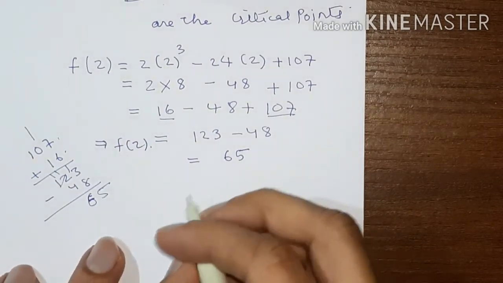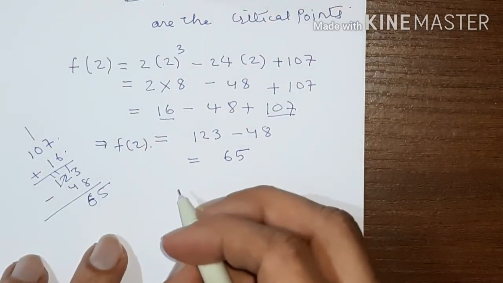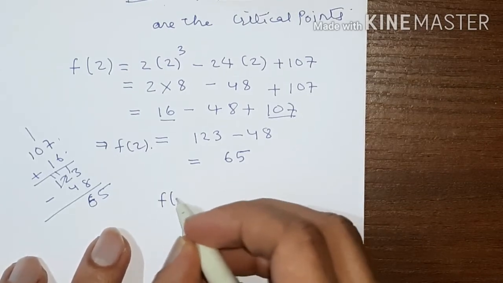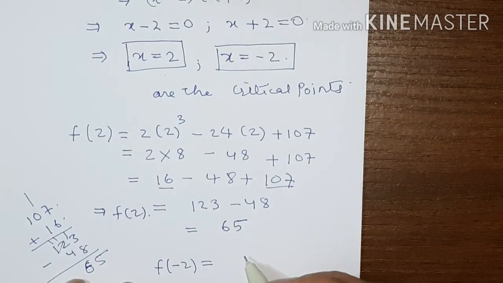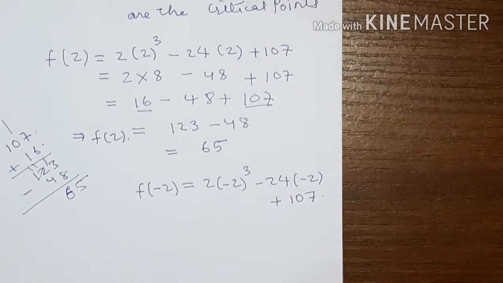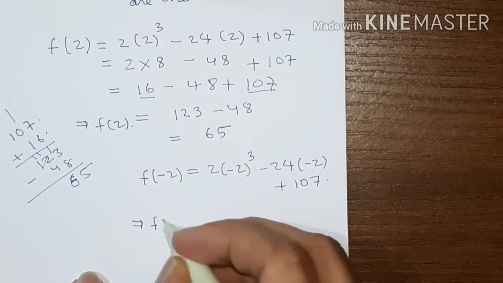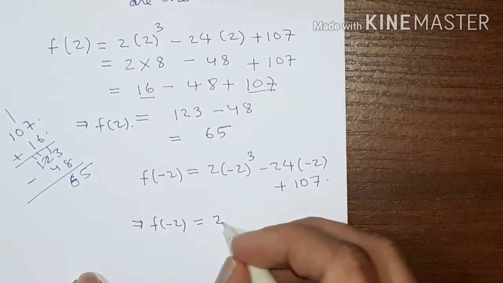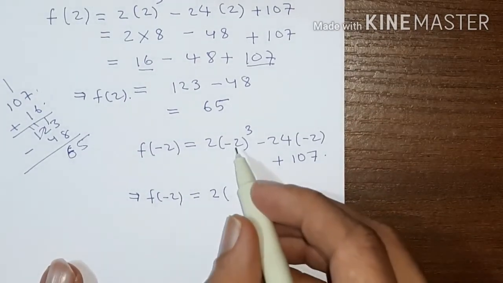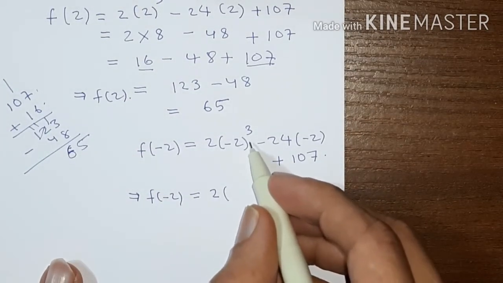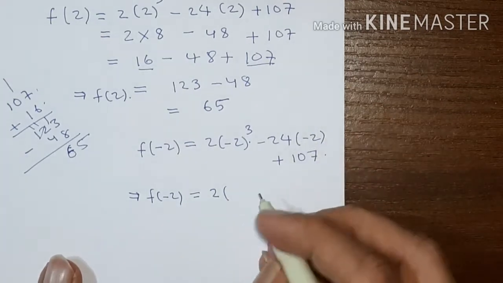Now we have to find the value at minus 2. At minus 2, the function is 2 times minus 2 cube minus 24 times minus 2 plus 107. So f of minus 2 is 2 multiplied by minus 2 cube. Minus 2 multiplied by minus 2 is 4, and 4 multiplied by minus 2 is minus 8.